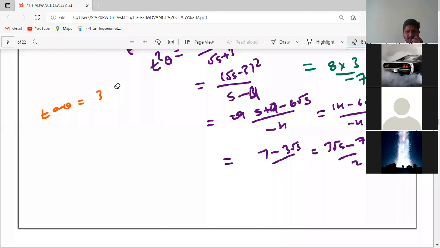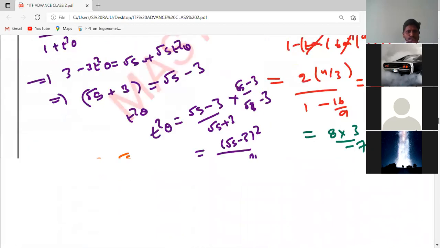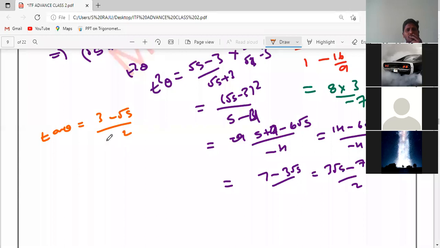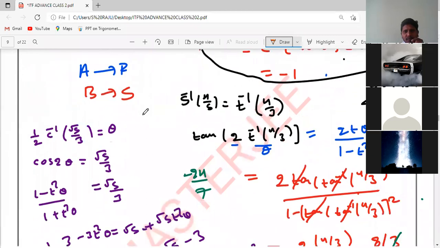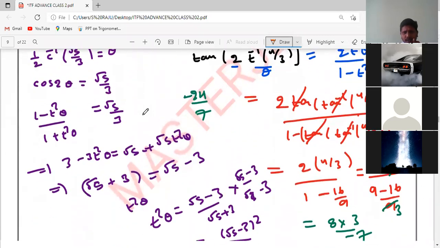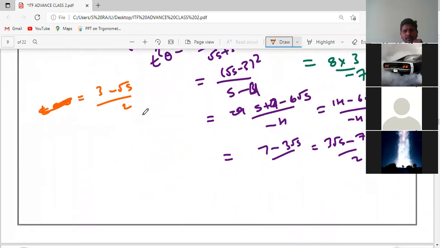Somewhere we may have taken sin by 2, surely we'll get it. Okay, the answer will come like this. Final answer, 3 minus root 5. Otherwise, if you want, I can do it now. You can see it once clearly, and you will definitely get the answer, right?